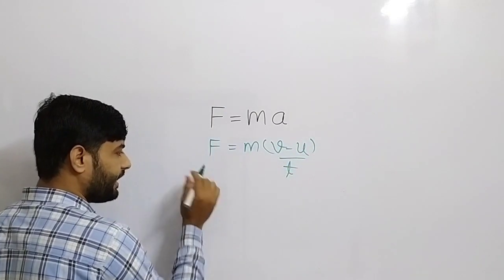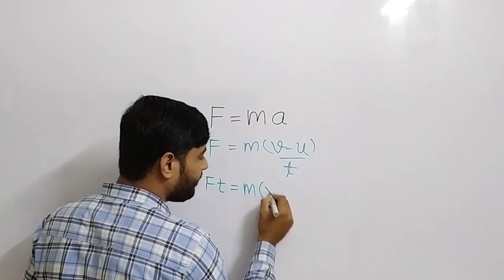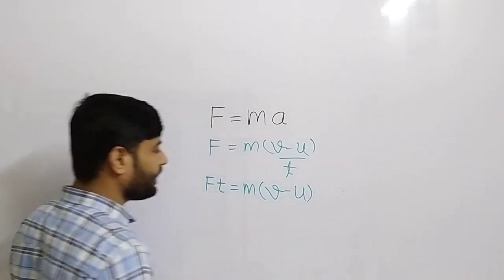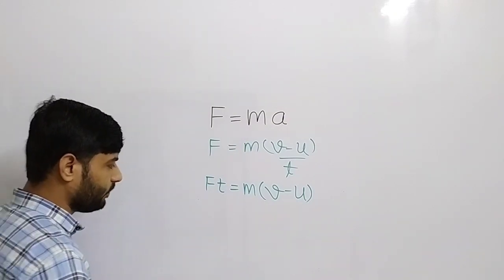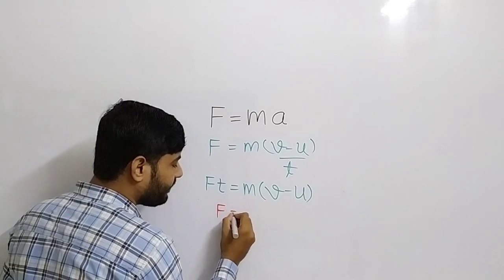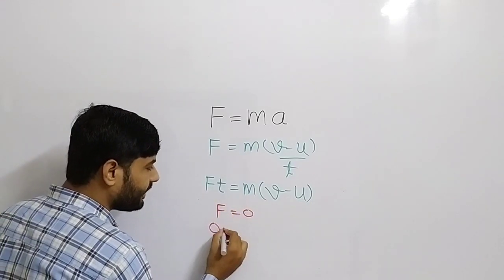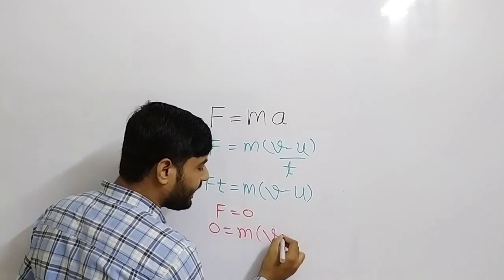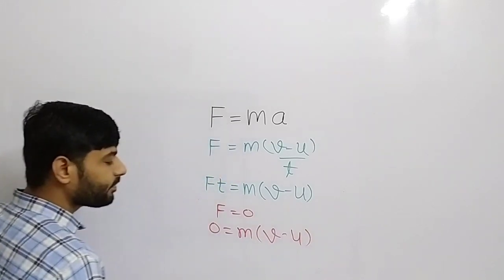Let's take this t here. So I got Ft is equal to m (v minus u). For F is equal to 0, what will I get? I will get 0 is equal to m into (v minus u).